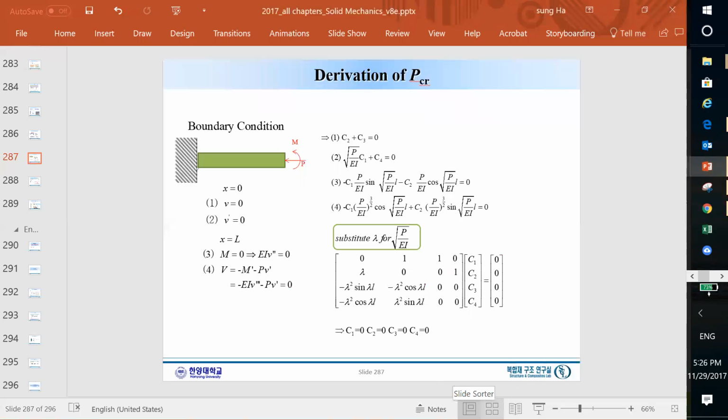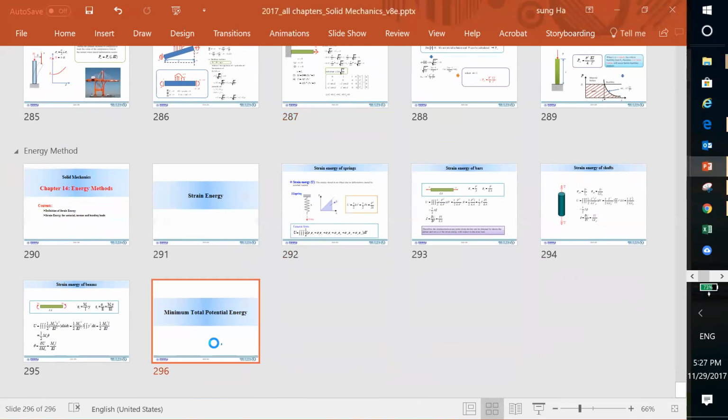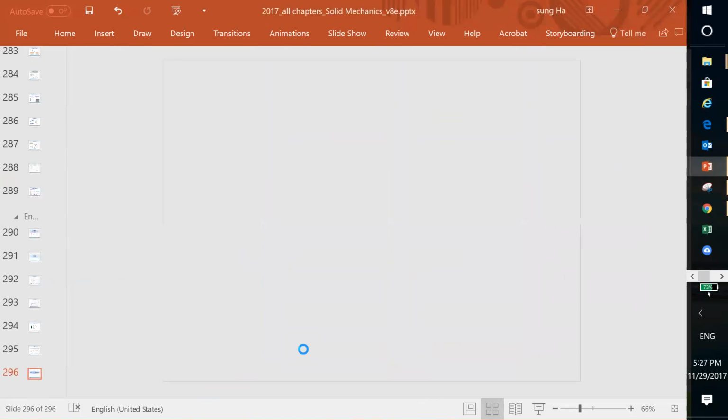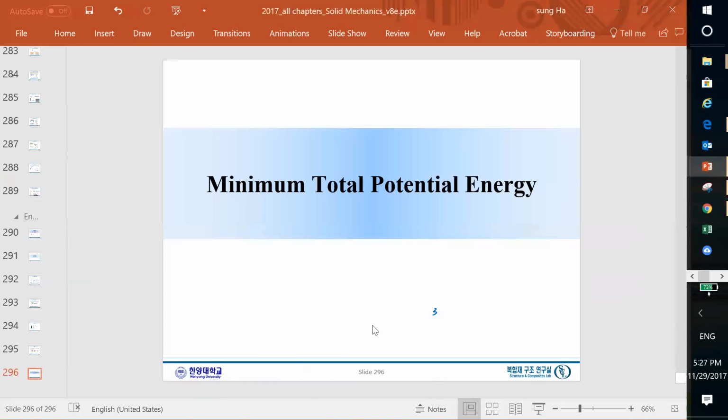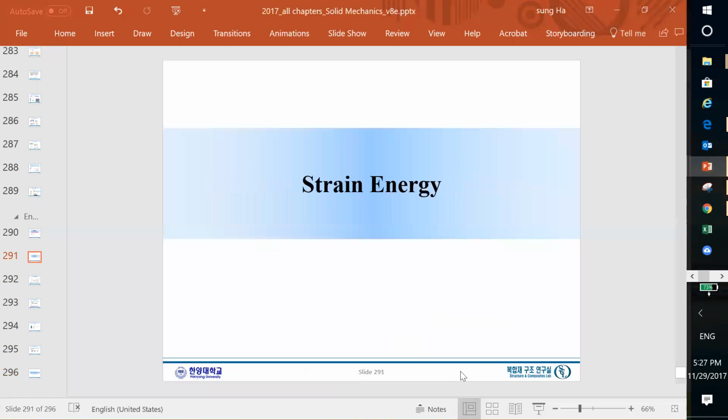You can always ask Google. You can find this equation, but don't forget the concept. Buckling, when does it happen? When you design, you have to consider this buckling behavior. Okay, so that is the end of these chapters. And tomorrow, we will move to the next chapter. The next chapter is the energy method.